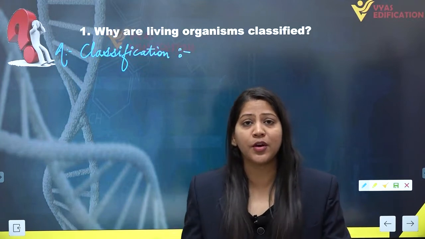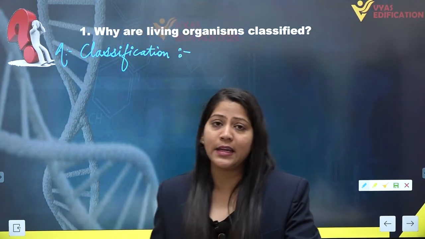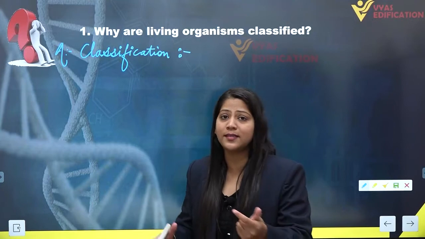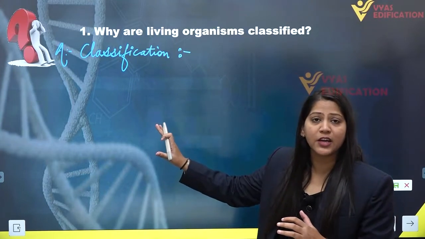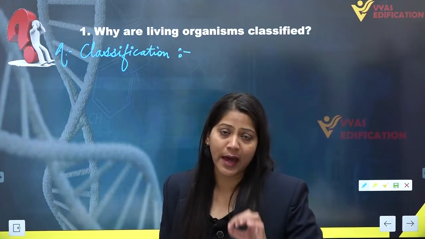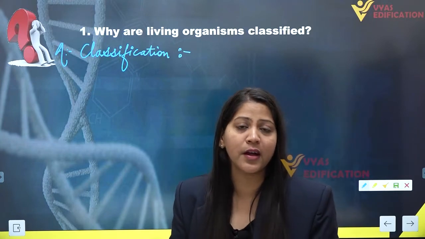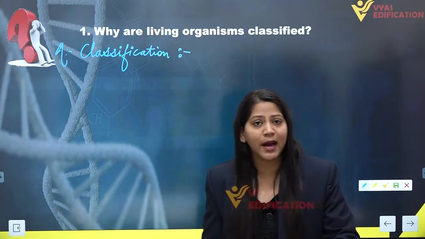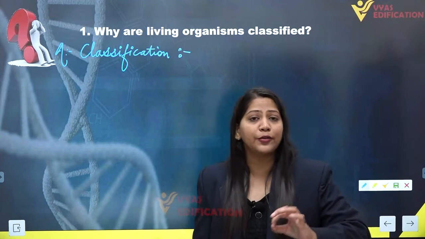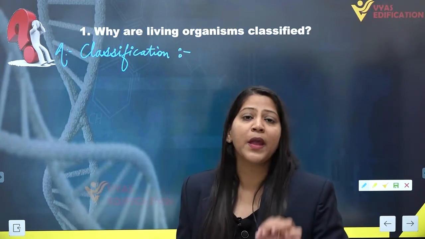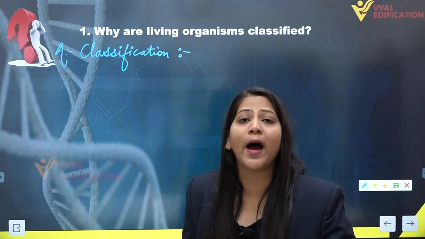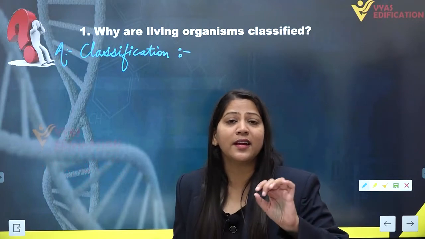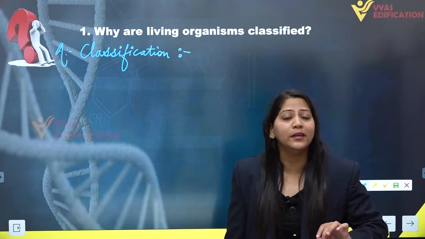The basic process is that we characterize any organism first. Then we identify that particular organism, and after identifying the organism, we provide the organism their scientific as well as the common name.